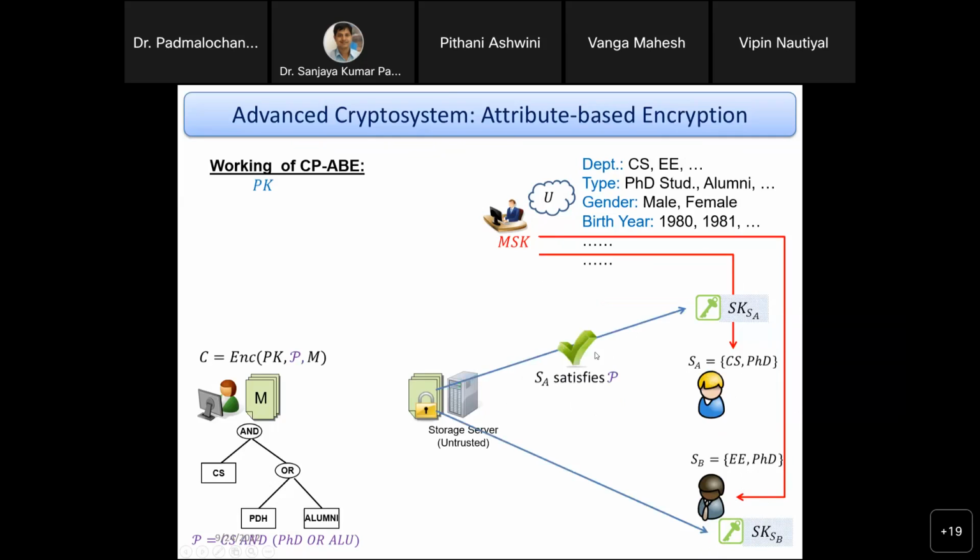If SA satisfies the policy, then only this C can be decrypted by SKSA. If it is not satisfied, like SKSB doesn't satisfy this, then C cannot be decrypted by SKSB. So this is the idea of an attribute-based crypto system in a nutshell.